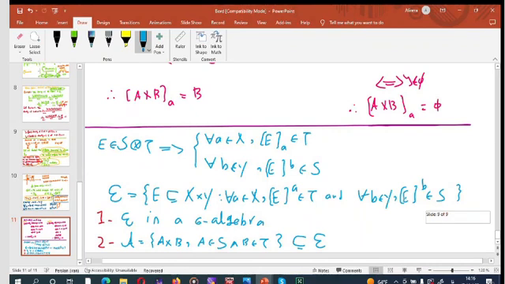If we prove these two statements, we see that this sigma algebra must be a subset of E, because this sigma algebra, let me write it right.